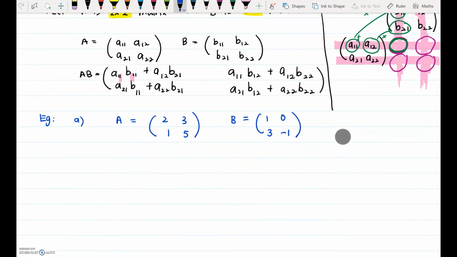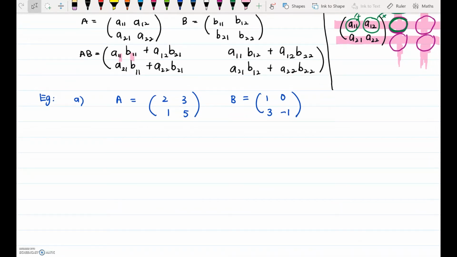Now let's see. If we want to find A times B, what we will do is use cross multiply in matrix multiplication.